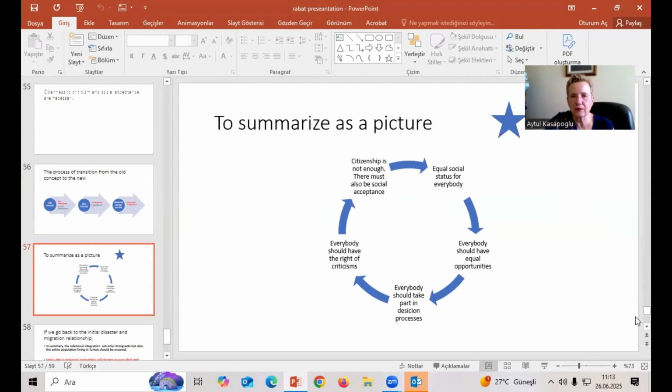Yes, to summarize as a picture: equal social status for everybody, equal opportunities for everybody, everybody should take part in decision processes, everybody should have the right of criticism. Legal decisions are not enough, there must also be social acceptance.